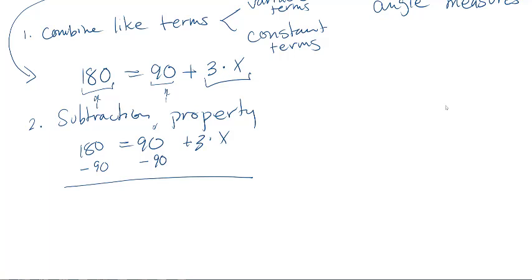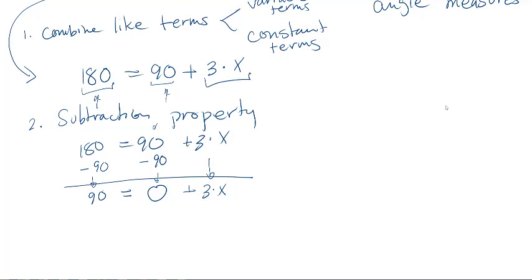So we have 180 minus 90, which is actually 90. And then we have 90 minus 90 here, so that gives us 0. And here we just get plus 3 times x. So 180 minus 90 gave us 90, 90 minus 90 gave us 0, and the 3x remains unchanged.